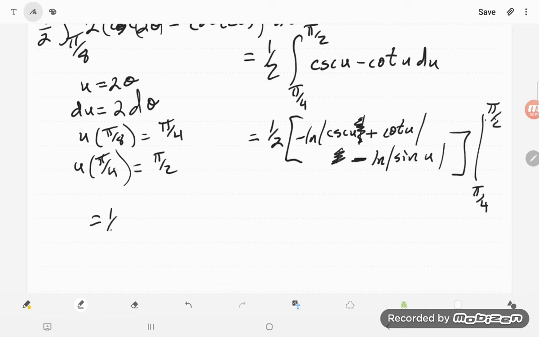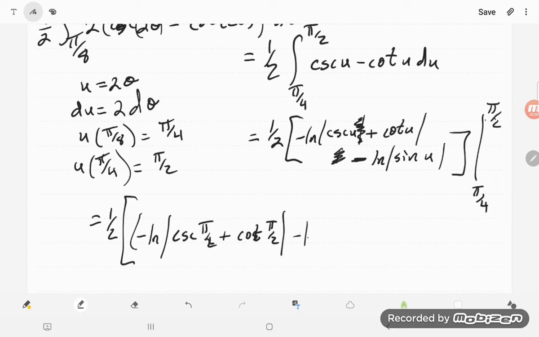So I have 1/2, and I have minus the natural log of the absolute value of the cosecant of pi over 2 plus the cotangent of pi over 2, minus the natural log of the absolute value of the sine of pi over 2.